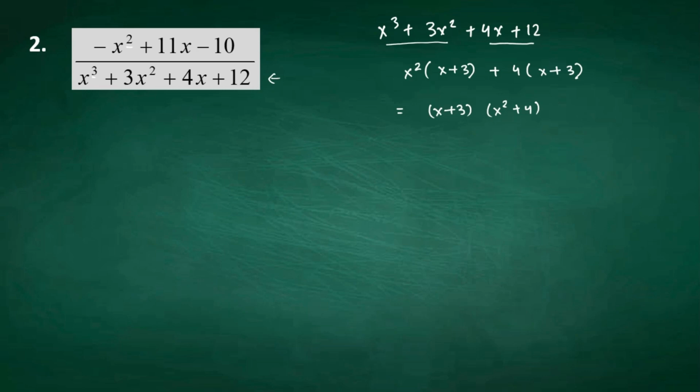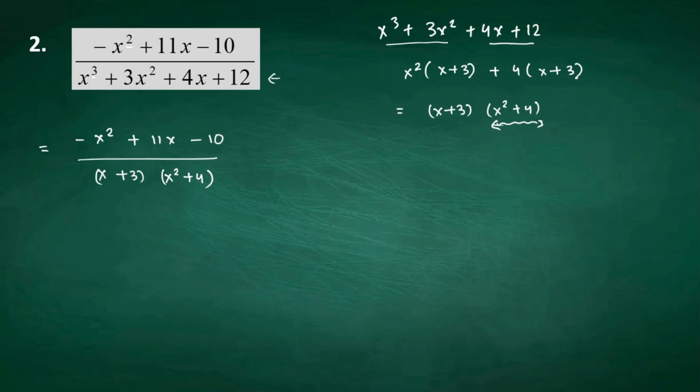So the given question can be framed as minus x square plus 11x minus 10 whole divided by x plus 3 times x square plus 4, as x square plus 4 can't be split into two real factors.